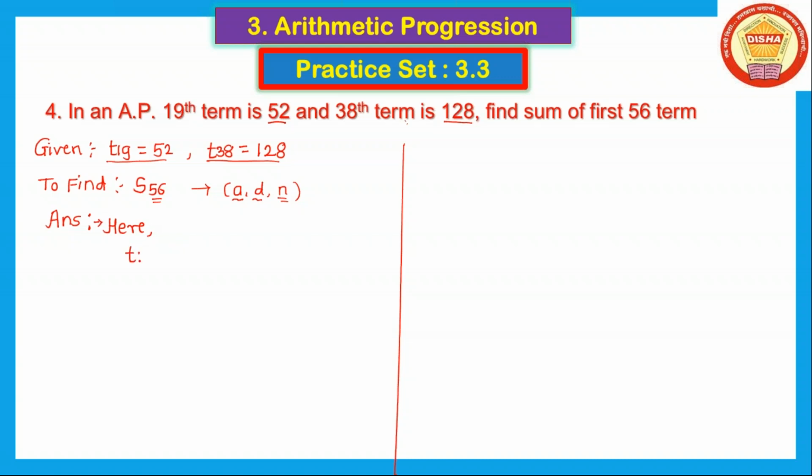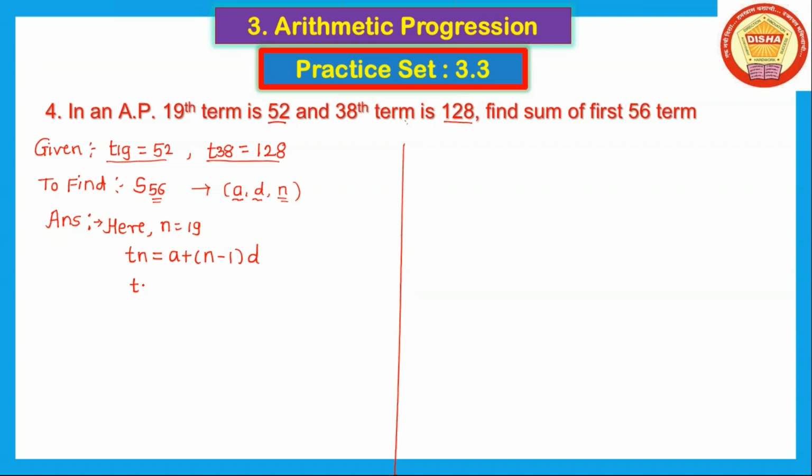That is Tn is equal to A plus n minus 1 into D. T19 is given. So here first we take n is equal to 19, which means we put the value of n as 19 here.